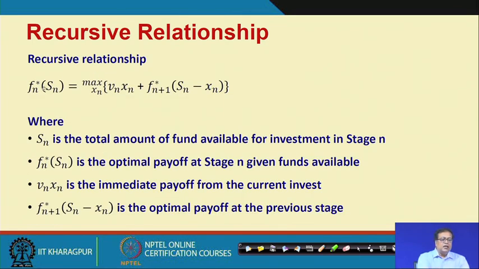Here we are writing f n star, that is the optimum value, as the maximum value of this expression for different x n values, where s n is the total amount of fund available for investment in stage n, f n star is the optimal payoff at stage n, v n (x n) is the immediate payoff from the current investment, and f n plus 1 star (s n minus x n) is the optimal payoff at the previous stage. So, we have to make use of this recursive relationship.